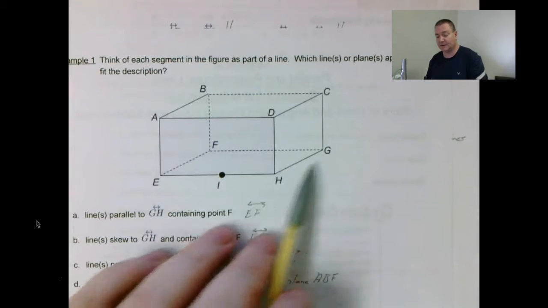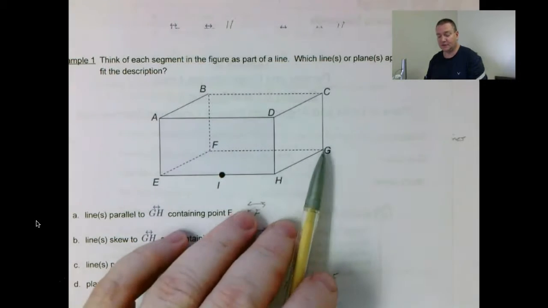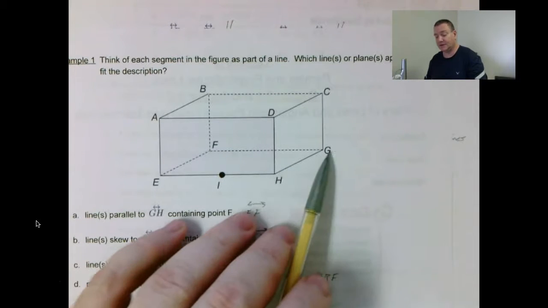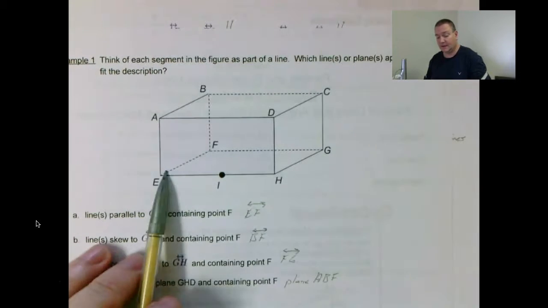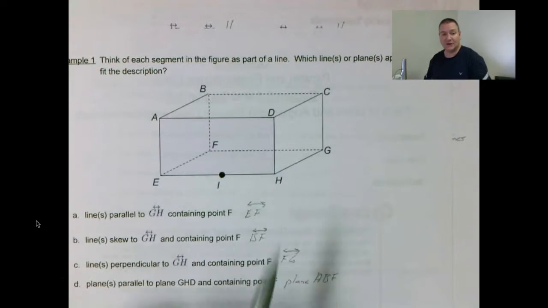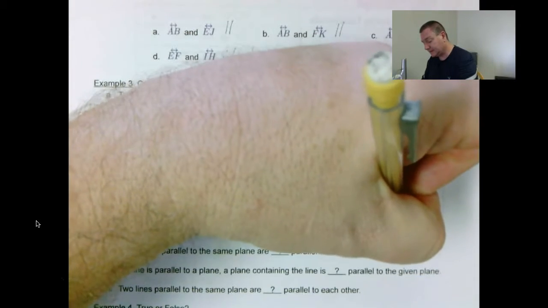DH is perpendicular to GH. FG is perpendicular to GH. DH and FG are skew. DH and GH are perpendicular. EH and GH are perpendicular. DH and EH are perpendicular. So two lines perpendicular to a third line are sometimes perpendicular to each other.